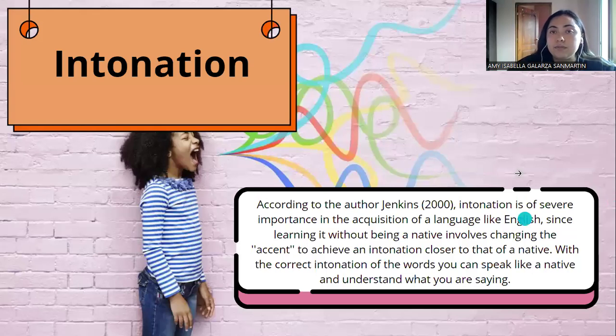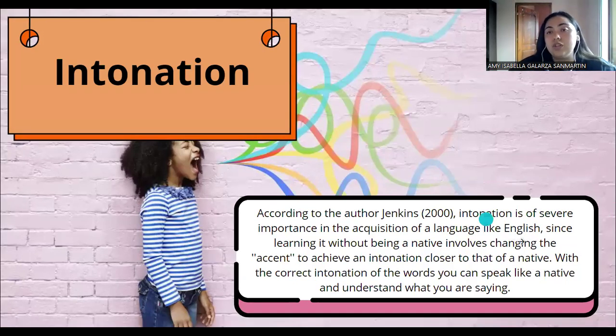There we have intonation. According to the author Jenkins, intonation is of severe importance in the acquisition of a language like English, because in this way we're going to lose the accent that we have, because we are not natives.